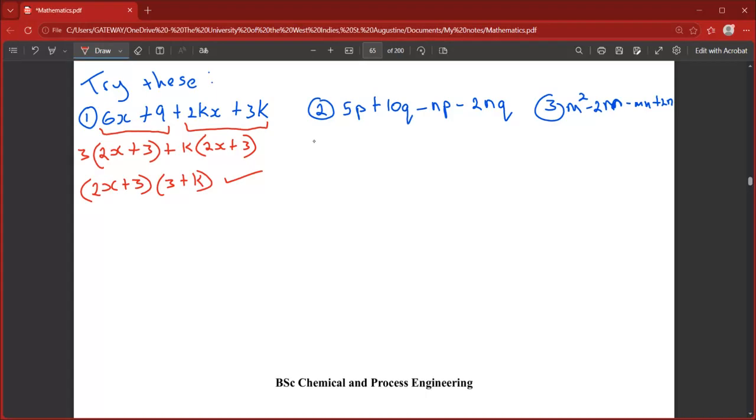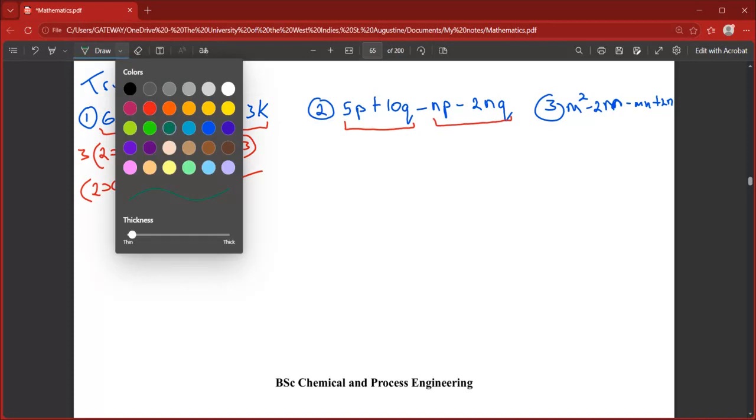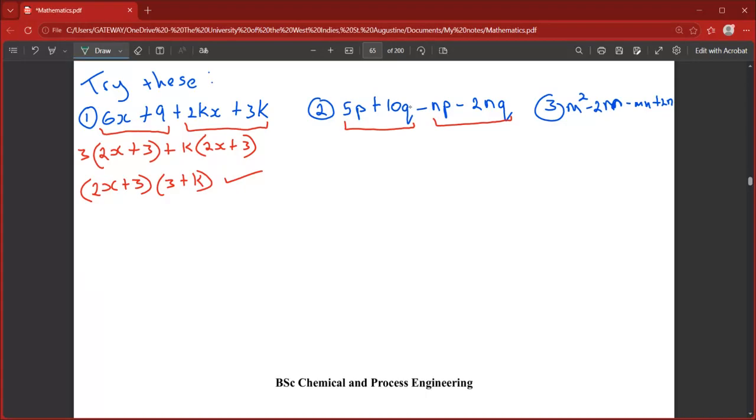Alright, so number 2, group them again. Between 5p and 10q, the number 5 is common. Open the bracket: 5p divided by 5 is just p, and 10q divided by 5 is just 2q. Close the bracket.